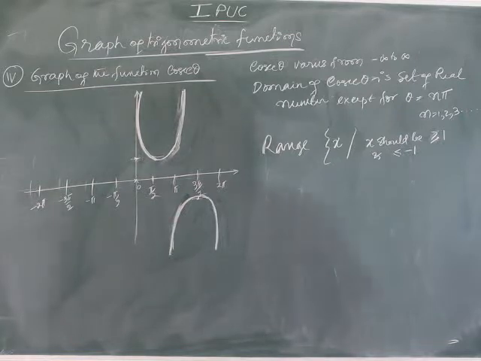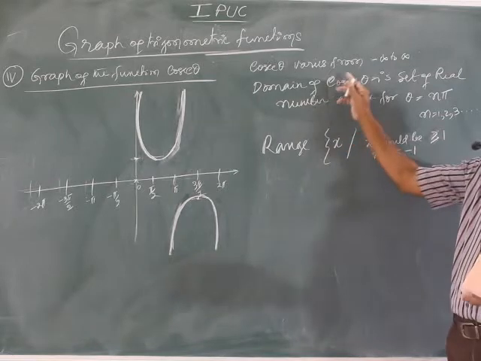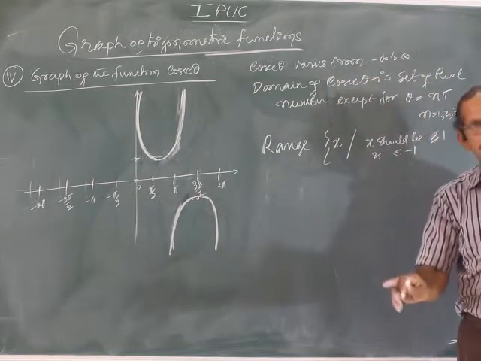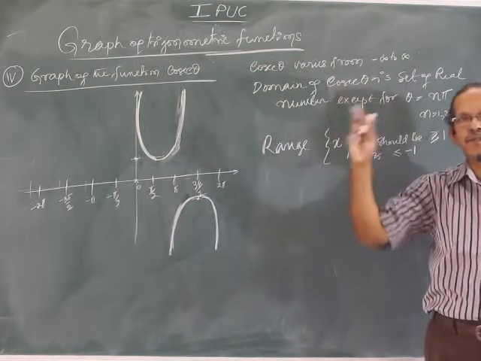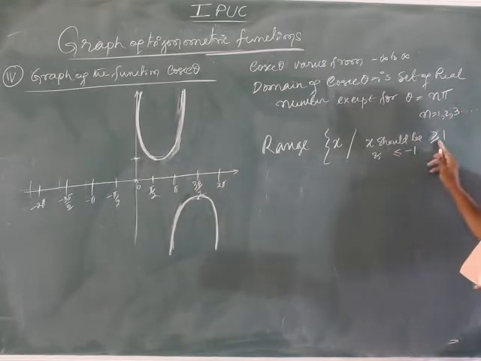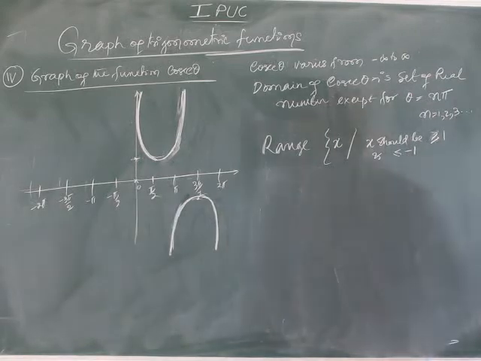In between minus 1 and 1, this particular value will not be there, because sin value varies from minus 1 to 1. No? Sin value varies from minus 1 to 1. Cosecant will be always greater than or equal to 1, less or equal to minus 1 only.